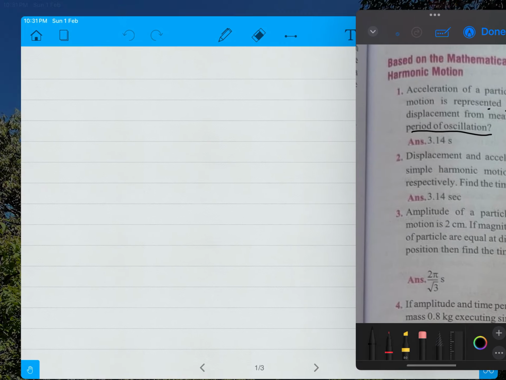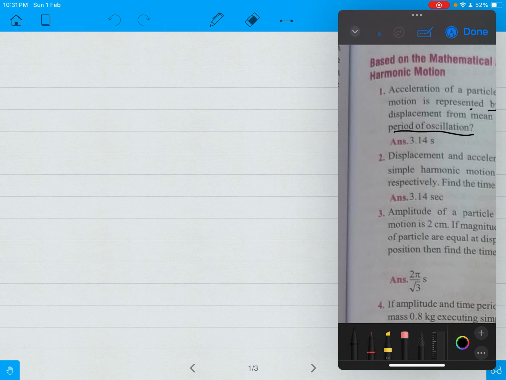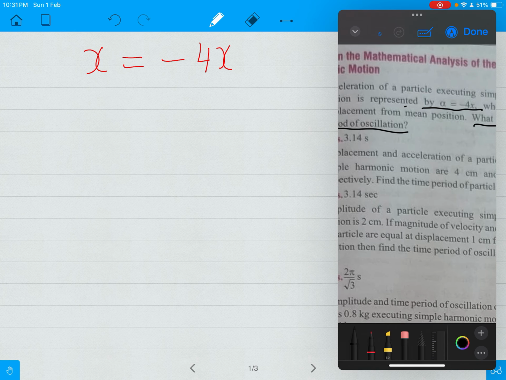So if we see here, acceleration alpha equals minus 4x. It is clear.